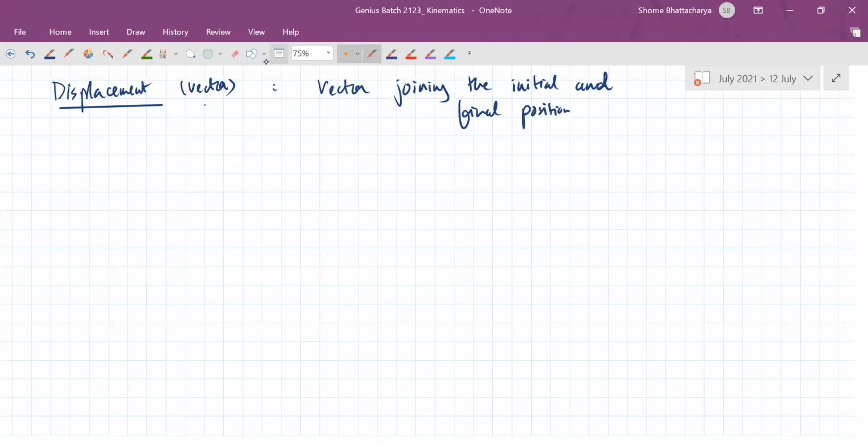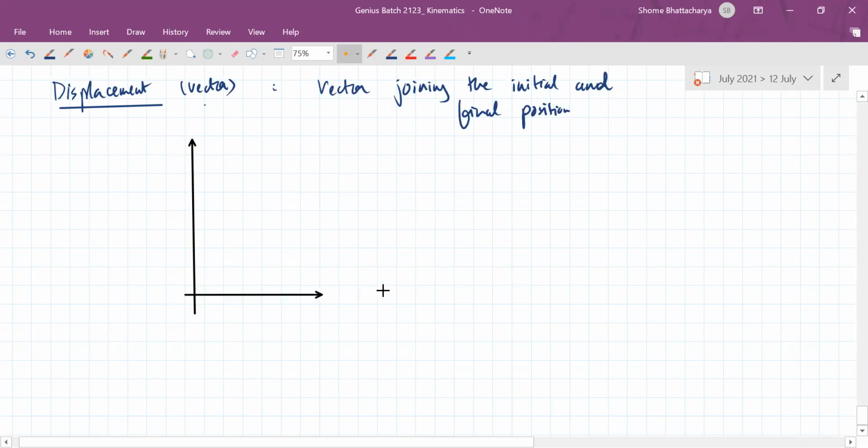So remember, whatever we are discussing here is in context of the particle kinematics. So even if we have a rigid body, we are reducing it to a particle. So there's no problem understanding what is the initial position and what is the final position of that particle.